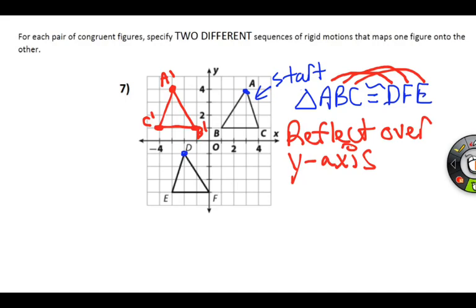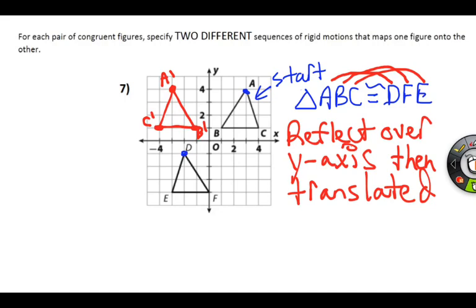So that's a reflection over the y-axis, then translated by vector 1, -5. Okay? Or again, you could give the coordinate rules as well.